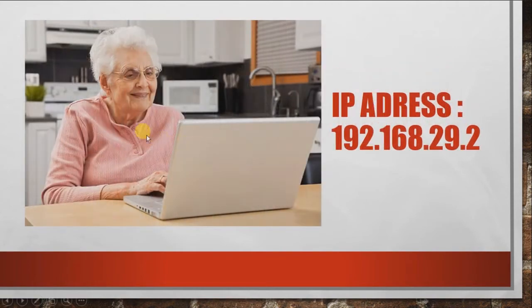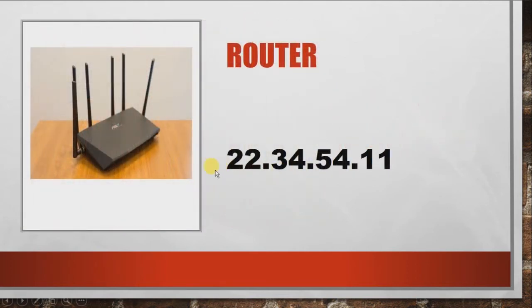Also in his house, his mother wants to receive an email from another server. Let's say his mother has IP address 192.198.29.2. Those two IP addresses are in a private network, and both of them are using a router to connect to the internet. Let's say the router has IP address 22.34.54.11, which means the router has a public address.